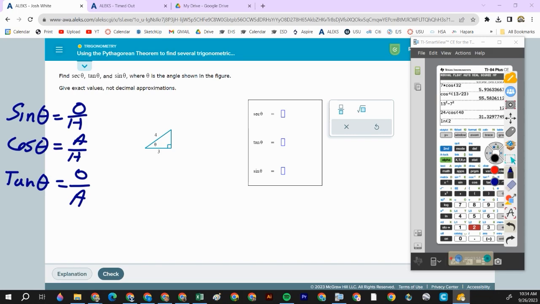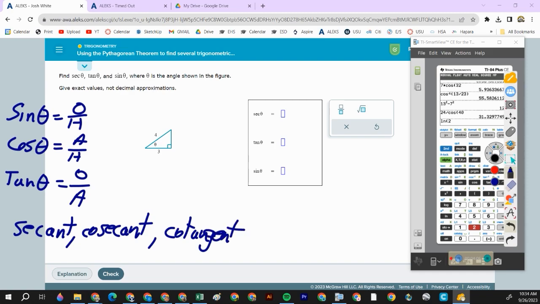The other three ratios are called secant, cosecant, and cotangent. All right.